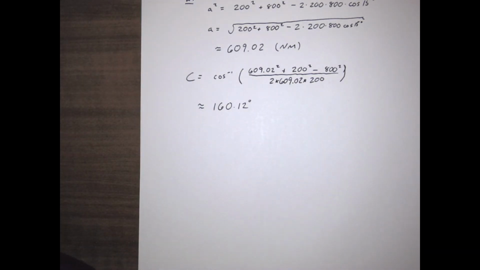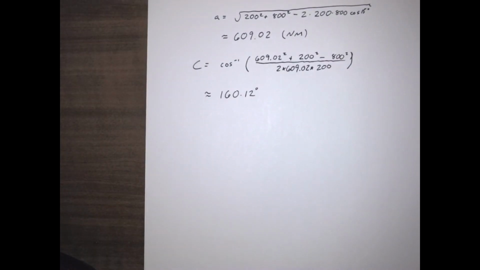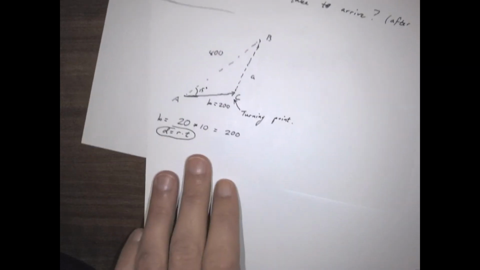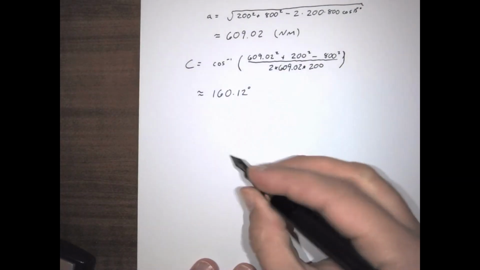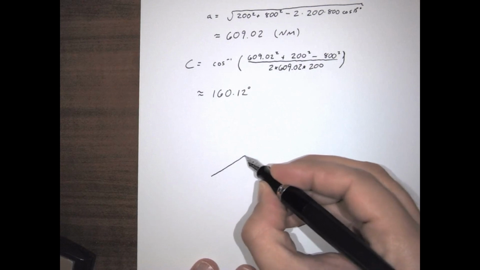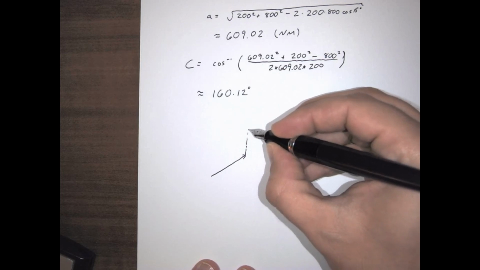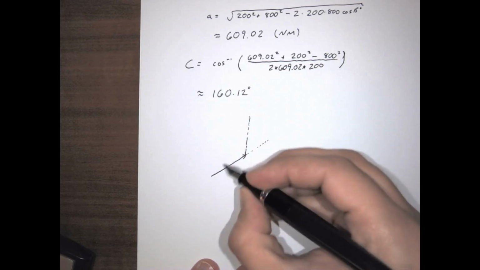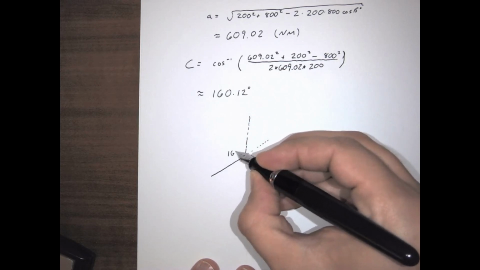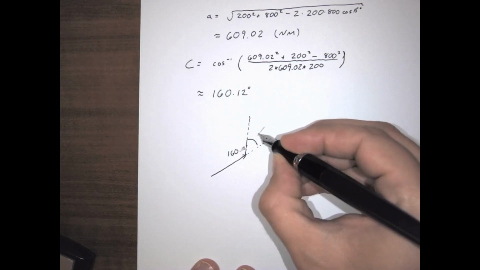Okay, so now we can start answering the questions. So 160 degrees is what this angle is supposed to be, but that's not actually how we would usually describe a turn. So if we look at the situation of the boat here, it was now going this way, and this is 160.12 degrees, and so this is the turning angle.